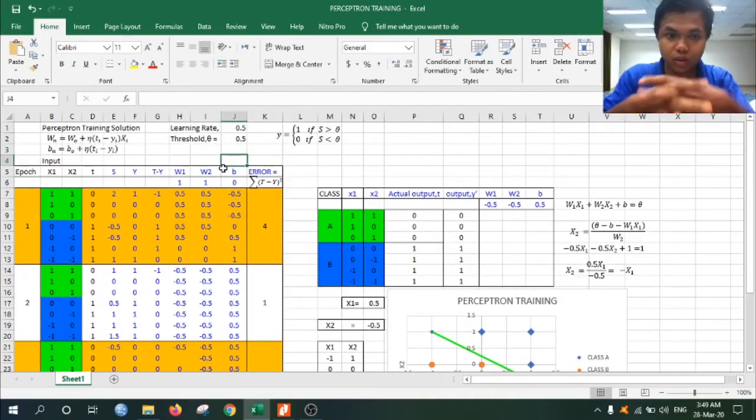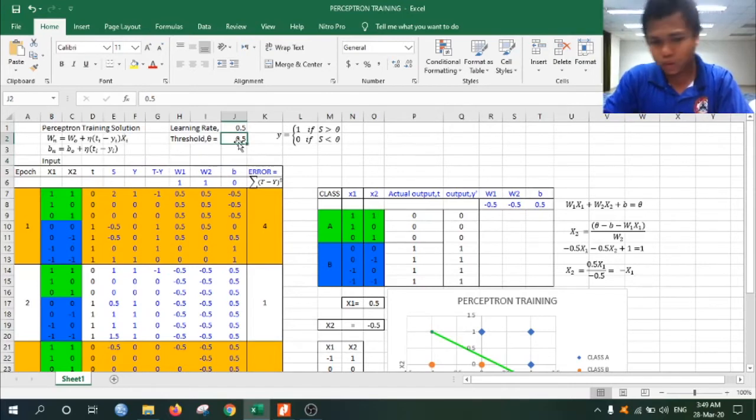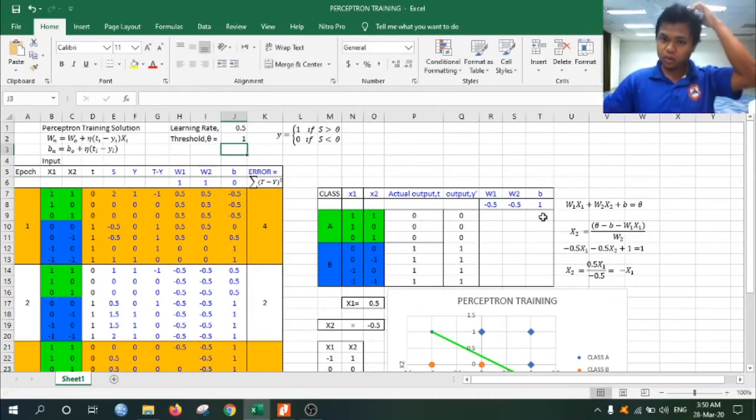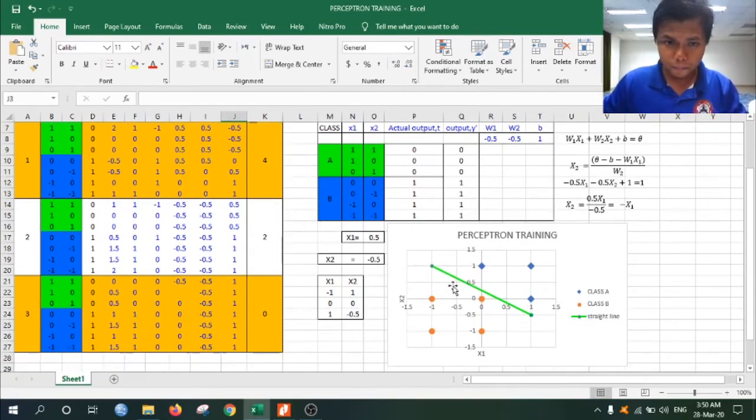The threshold in Perceptron can only be used in the range 0 to 1, so we can use 0.1, 0.2, 0.5 or 1. So as you can see, if you change the threshold to 1, you can see the bias is changed to 1. Okay, I think that's all for me.